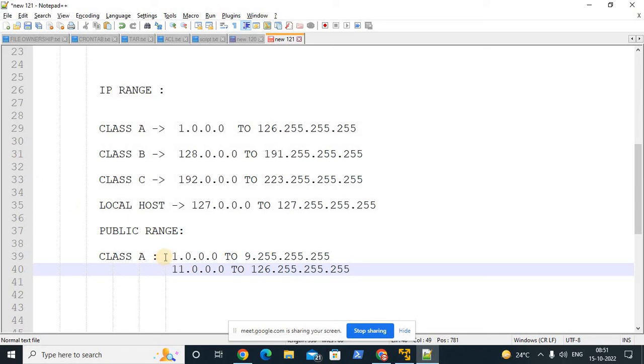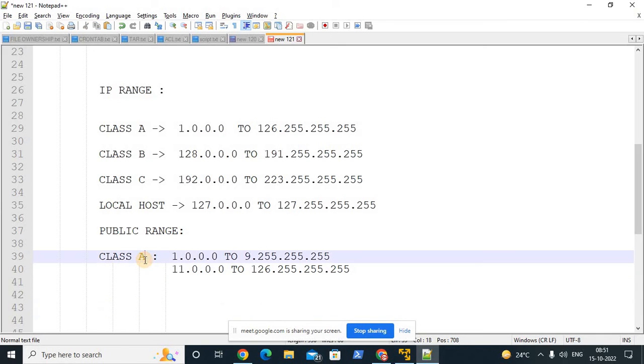This is the Class A public IP range. Now, if you have the public range, you can easily get the private IP range. The numbers from 1 to 9 and from 11 to 126 are there, which means only 10 is missing, so 10 is the private IP.